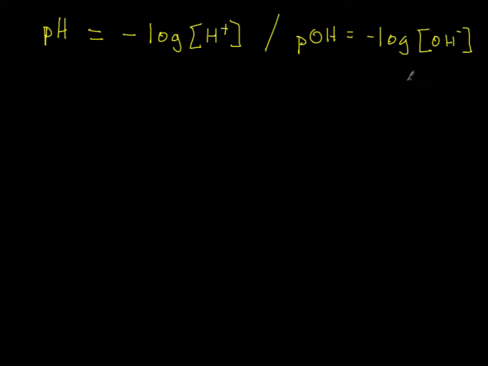So if we know the concentration of OH, we can find the pOH. And if we know the pOH, we can find the pH because we just subtract from 14. Or if we know the H concentration, we can find the pH. And if we know the pH, we can find the pOH. And if we know the pH or the pOH, we know whether it's acidic, basic, or neutral.